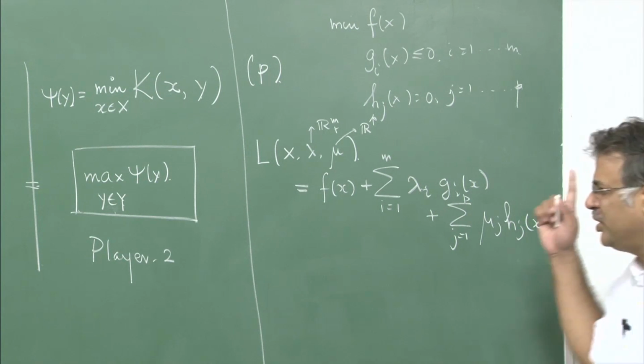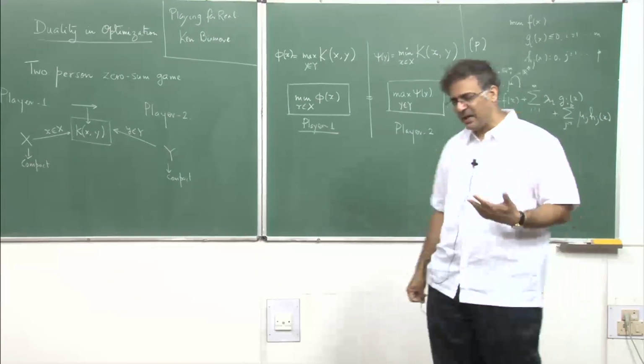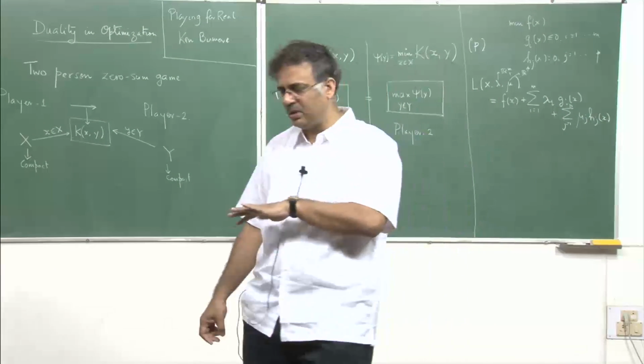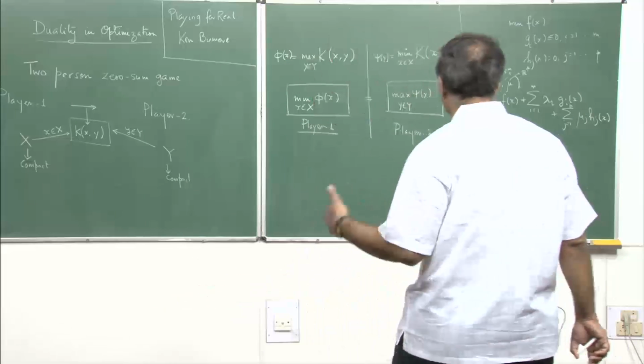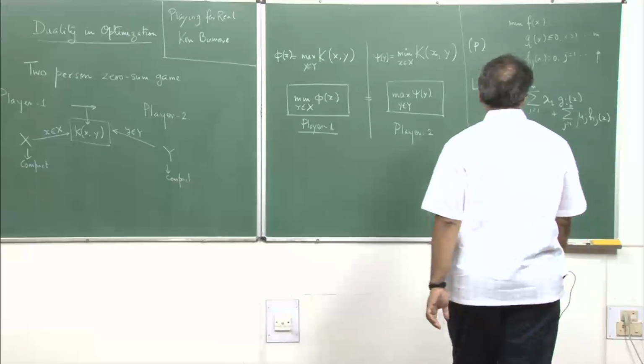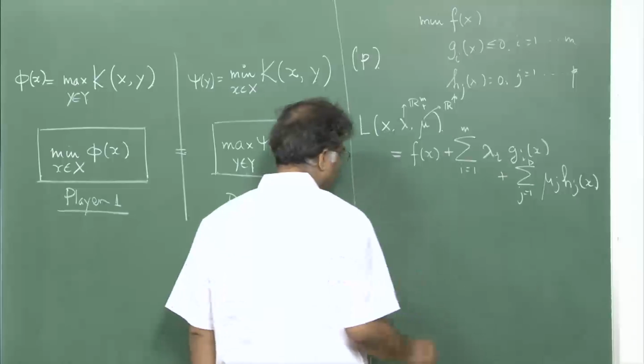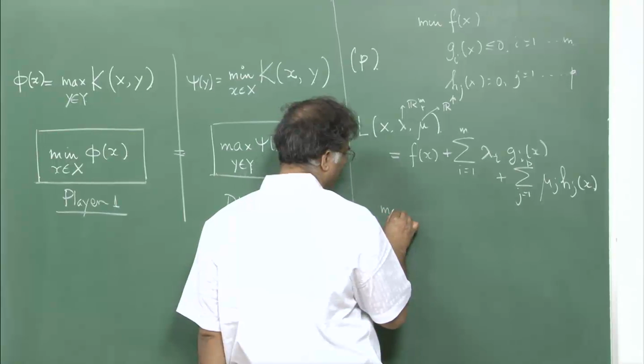Now, can I write this original problem as max of L(x, lambda, mu) over lambda and mu, of something? Let us see what would happen if I want to.